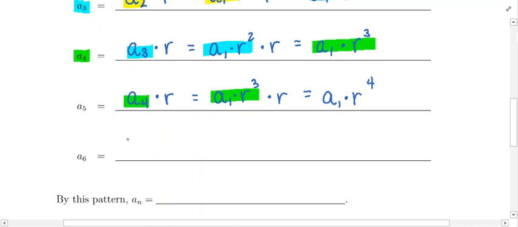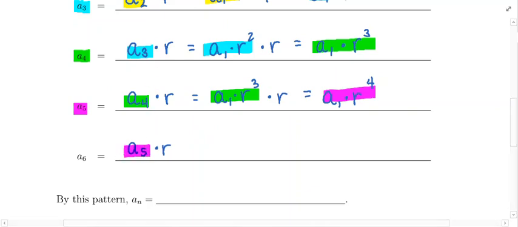One more time. In doing A6, to get that, we need to take A5, the term that came before it, and multiply by R. We know how to get A5. A5 is A1 times R to the fourth. We're going to make that replacement right here. The stuff in purple is equivalent.